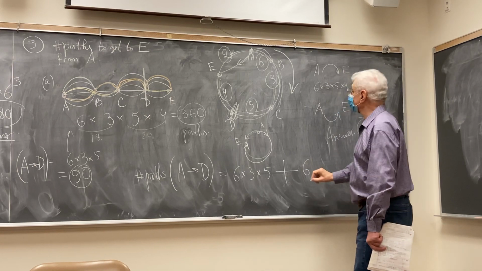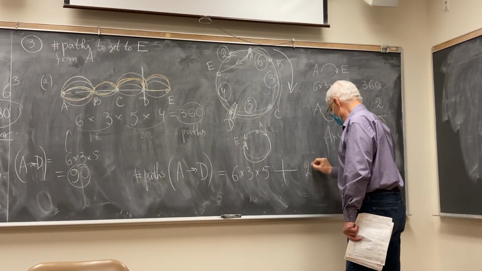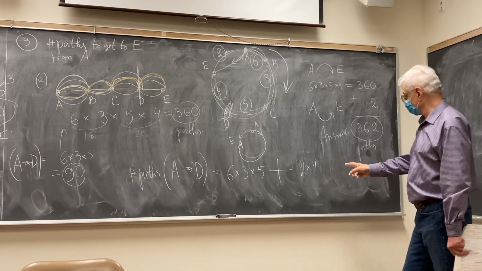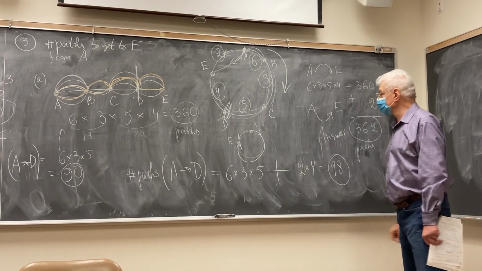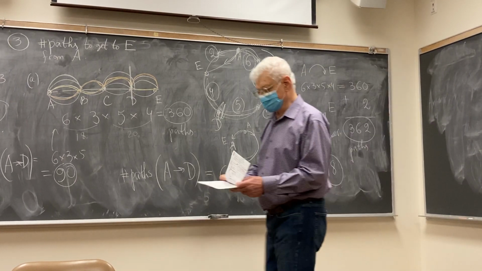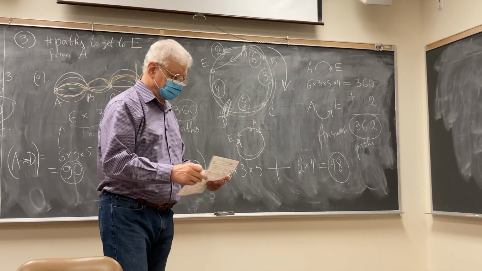So not 6, now 2 and 4. 2 times 4. So you have 90 here and 8. So total number of ways is 98. Got it? You see, this is different. This is the difference. Okay.